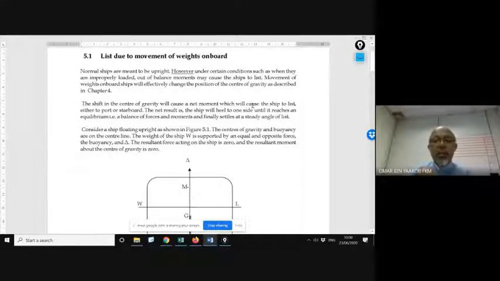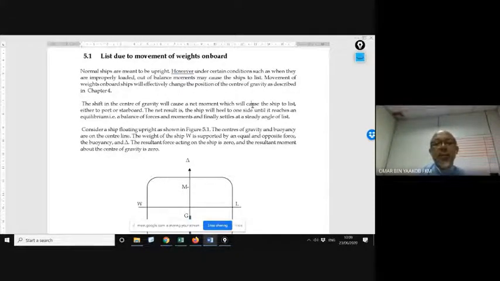So not only can we determine the GM, but we can also determine the effect of a moment applied on the ship and its effect on the angle of heel or angle of list. In section 5.1, if you read it, you can understand what we are talking about.